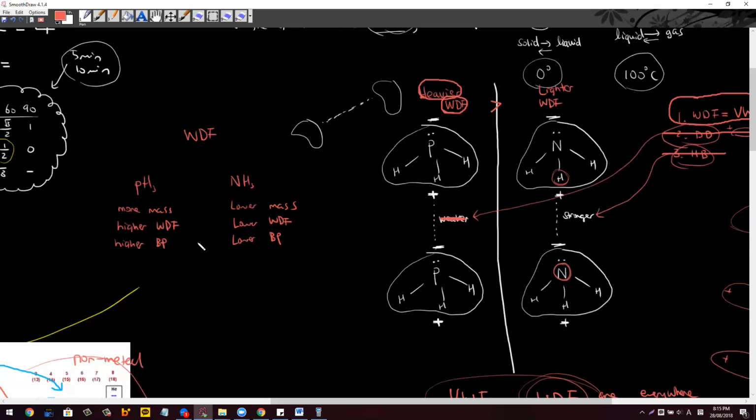But why doesn't that happen? Why is this one true and true, but this one is not true? The reason is because there is another force. This one has dipole-dipole, and this one has hydrogen bond. So this guy is the winner. Even though this guy is bigger, this one overpowers. So that's why this is not true. Okay.